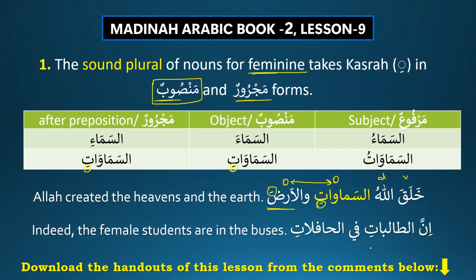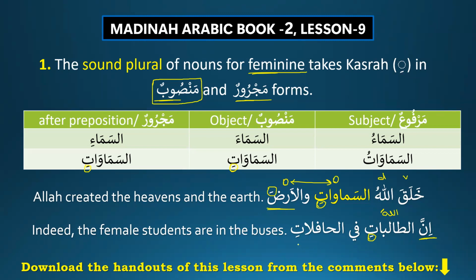Inna talibati fil hafilati. Now it's a very beautiful example. We know that ismu inna is always mansub, and here at-talibat is mansub. For example, inna allaha. When we say inna allaha, it's very easy to see that the lafz al-jalala has fatha on it, but when we have the sound plural for the feminine, it takes kasra.